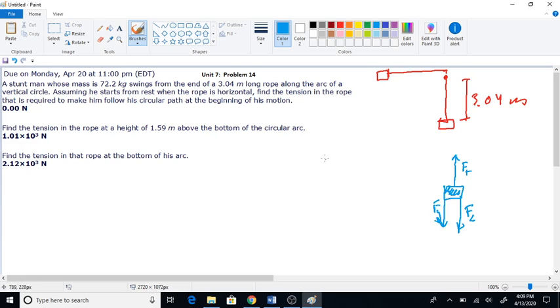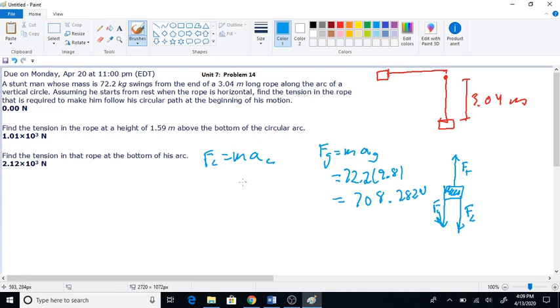So Fg is equal to mass times acceleration due to gravity, and that is simply 72.2 times 9.81, and that's 708.282 newtons.